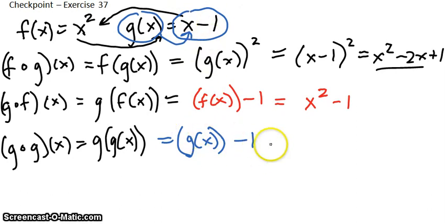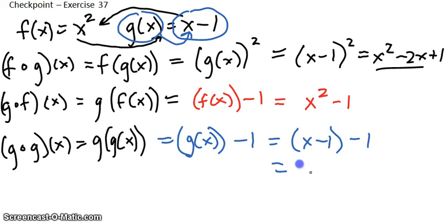So instead of g of x here, I'm putting x minus 1 there. So it's x minus 1 minus 1, which is equal to x minus 2. And there's my function evaluated at itself.